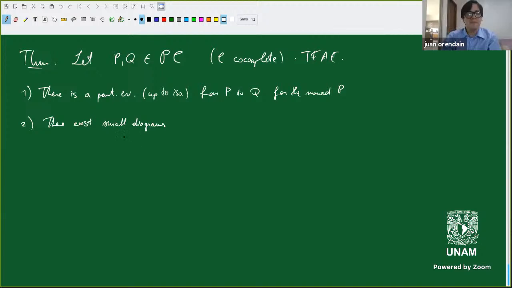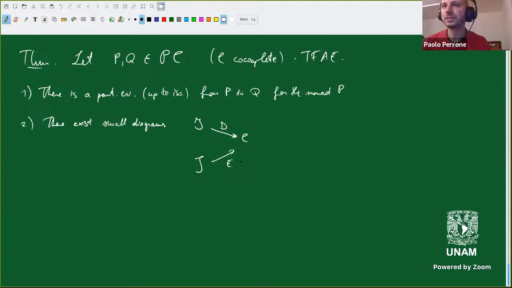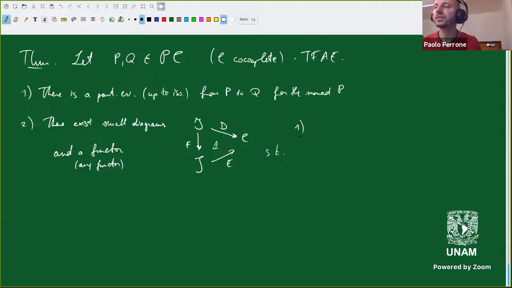It says that there exist small diagrams I, D to C, and J, E to C, and the functor F here, not an opfibration, any functor. Such that, first of all, how are D and E linked to PC?